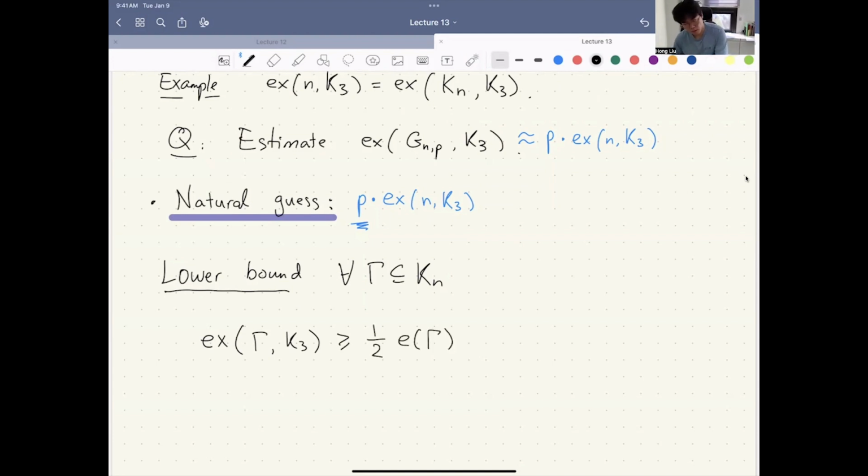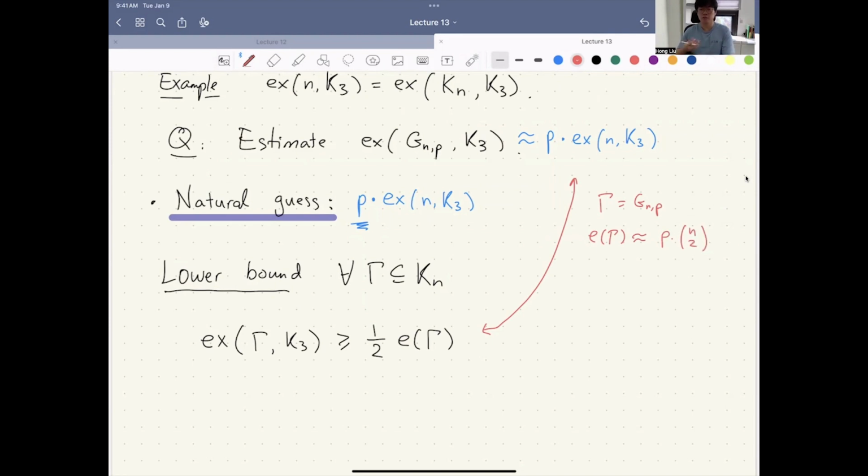And if you look at this number, this is roughly correct. Why? If you let Γ be G(n,p), then e(Γ) is roughly, using concentration inequalities, p times n choose 2.